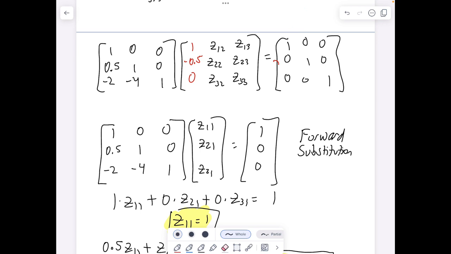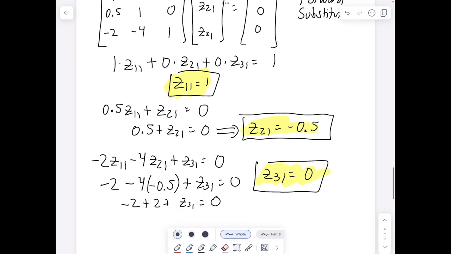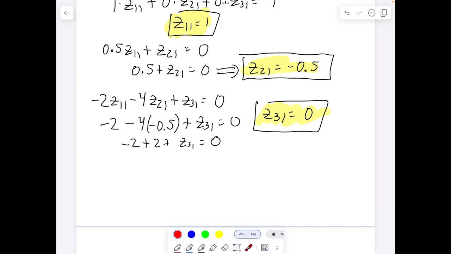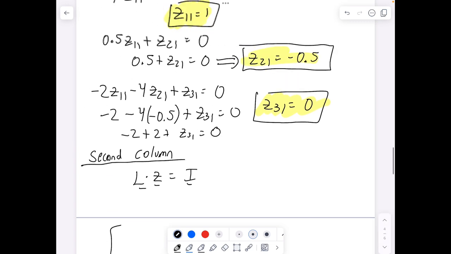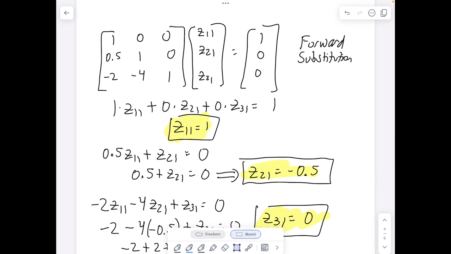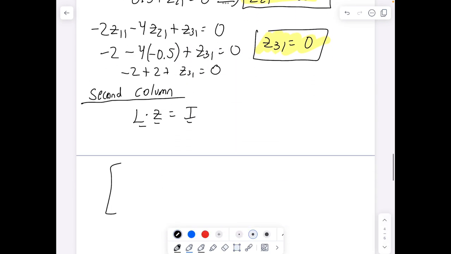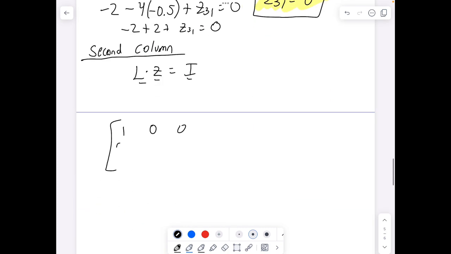So, good progress. Next, what we have to do is the second column. We're still doing the same thing, but now we're going to do it at the second column. So our L again is 1, 0, 0, 0.5, 1, 0, negative 2, negative 4, 1.